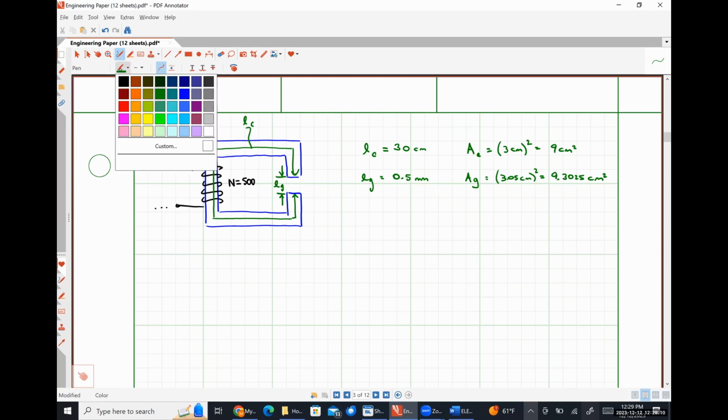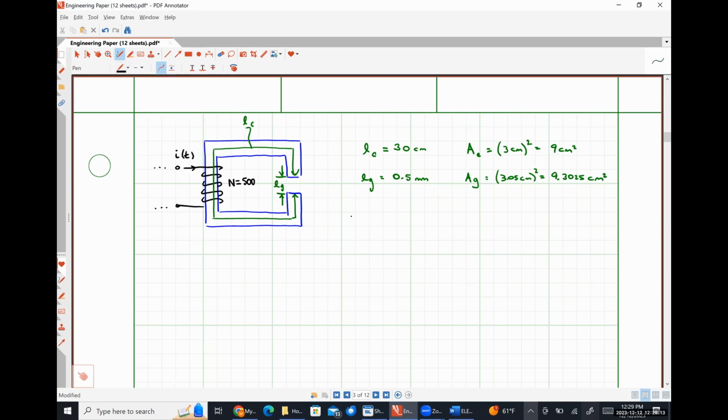So let's say that our core is made of M5 steel, where we have a core permeability of 72,300 times mu naught when it carries a magnetic flux density of 1 Tesla.